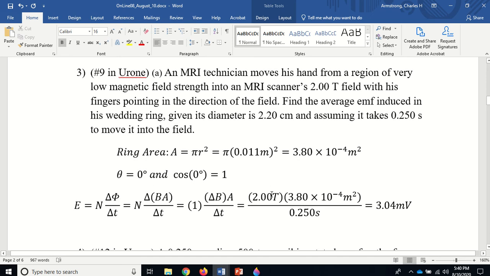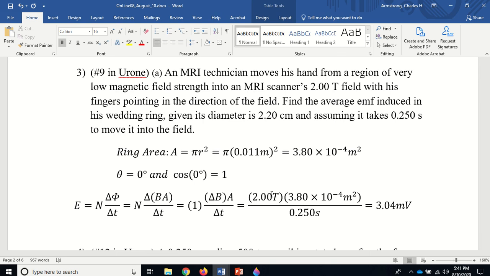Okay, this is number 9 in Urone, an MRI, magnetic resonance. An MRI technician moves his hand from a region of very low magnetic field strength into an MRI scanner's 2.00 Tesla field with his fingers pointing in the direction of the field. Okay, his fingers are pointing in the direction of the field.